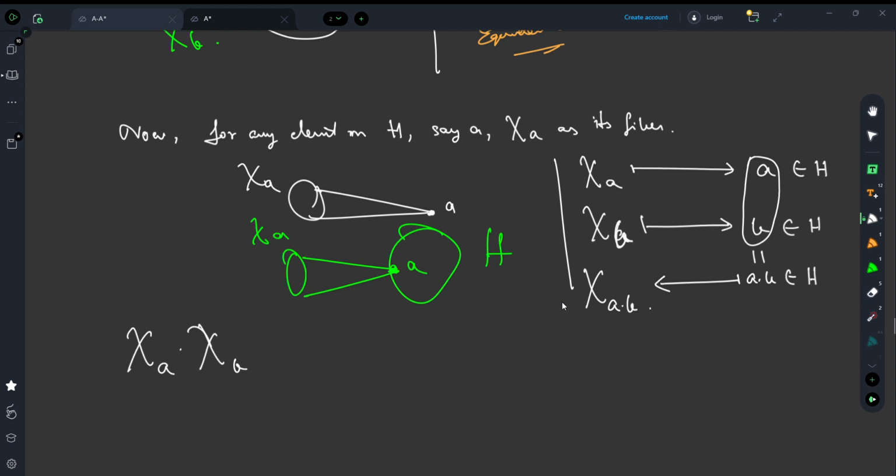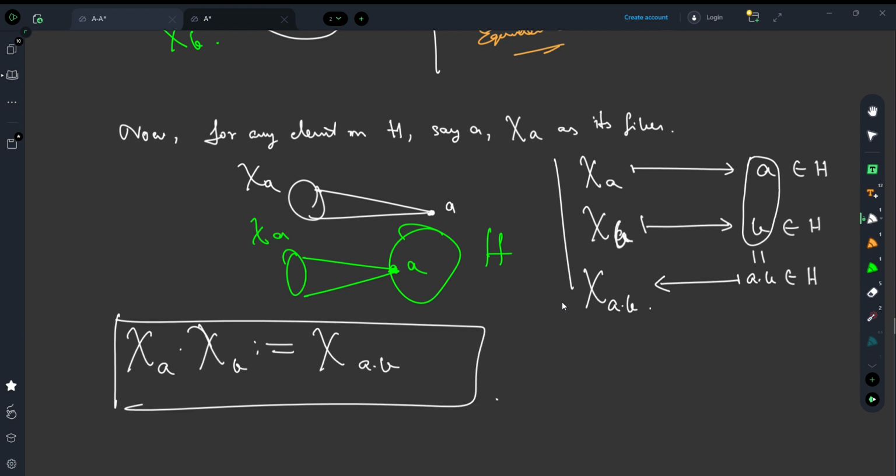We are projecting this to A, we are projecting this to B, and we are composing them up in H because A and B are elements from H. It gives you A dot B, but A dot B can be brought back to the fiber chi of AB. So this can be defined as chi of A dot B, and this is again a fiber itself.